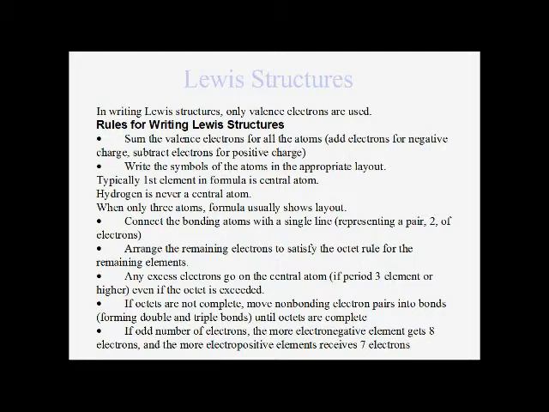If after we put down all our electrons, we don't have complete octets on everything, now we're going to start moving non-bonding electron pairs into bonds, which will form double or triple bonds until we have complete octets. So if an atom is short, does not have a complete octet, we reach to an adjacent atom and pull a non-bonding pair off of that into the bond between those 2 atoms.